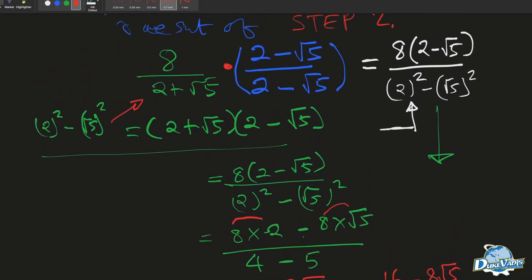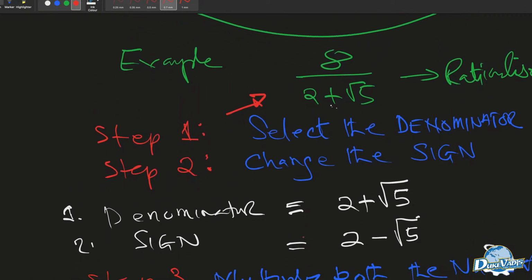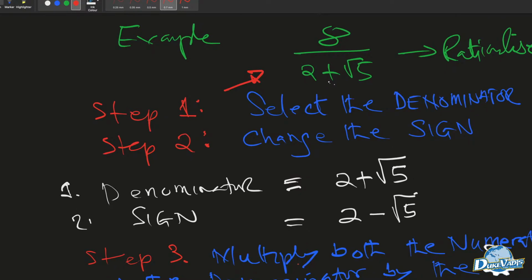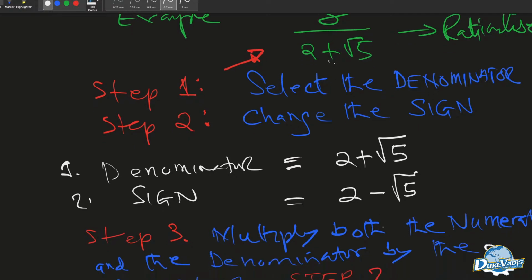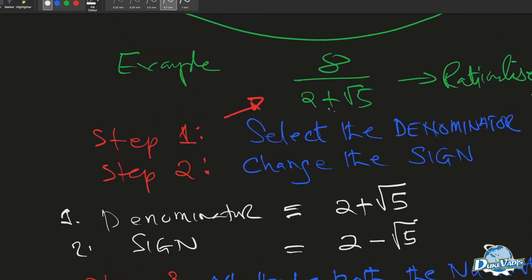Please take your time and look at it from this point. Our question was 8 over 2 plus √5, and we were supposed to rationalize. I've given you steps. Step 1 is to select the denominator, which is 2 plus √5, as you can see over here.